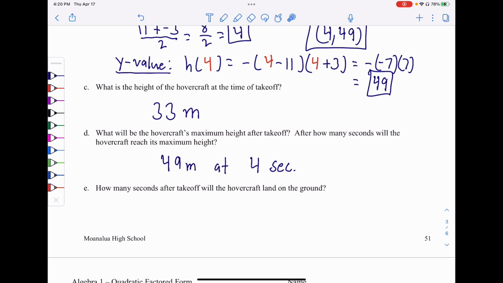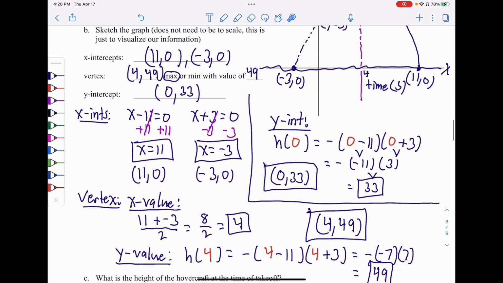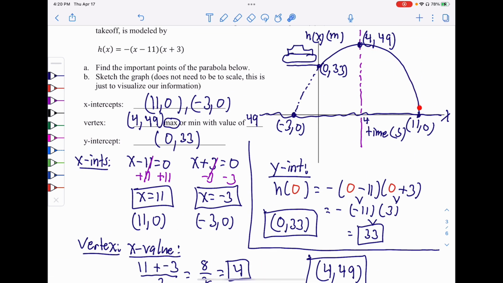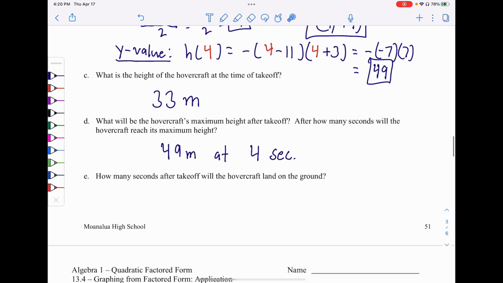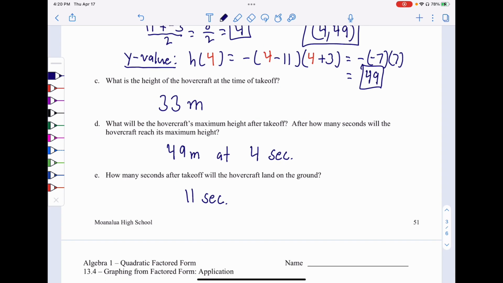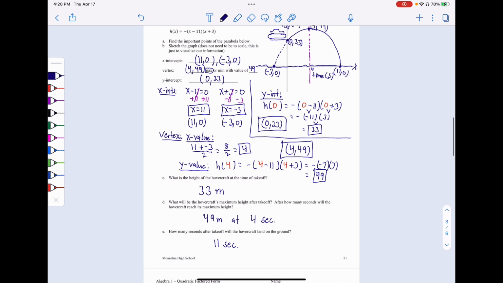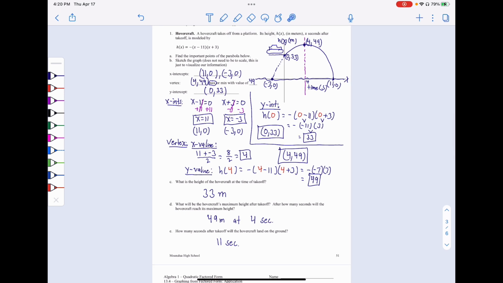Last question. How many seconds after takeoff will the hovercraft land on the ground? So we can see it's going to land at 11 seconds. There. And that's how we get that. So that's the applications of using parabolas and factored form to find our important points, x-intercepts, vertex, and our y-intercept, which is always our starting point because that's like 0 time. All right.